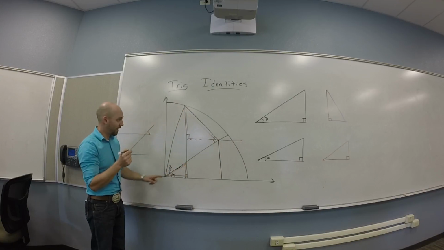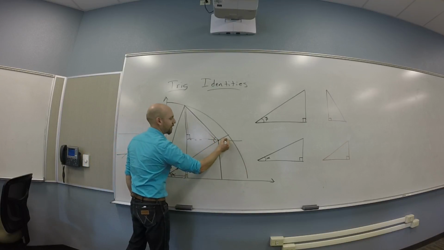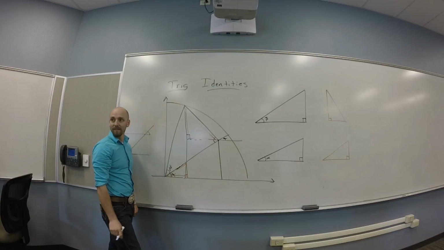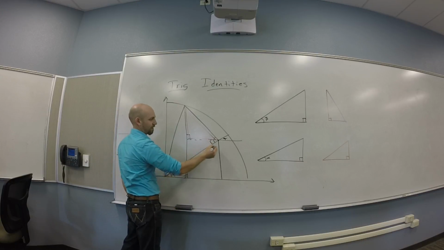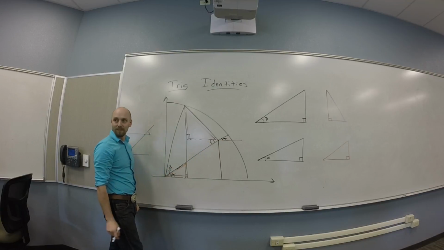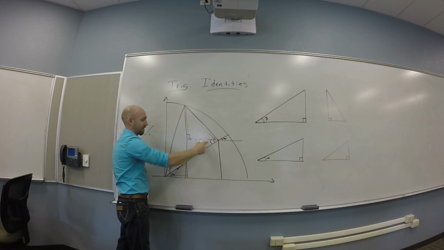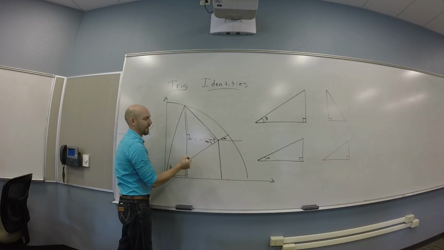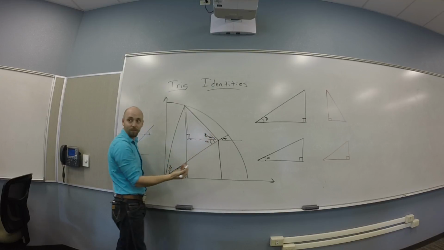Then there's an alpha here, so there should be an alpha in there, right? And there should also be, you see that, this one should also be alpha, okay? Which means that this one here is 90 minus alpha, or pi over 2 minus alpha.